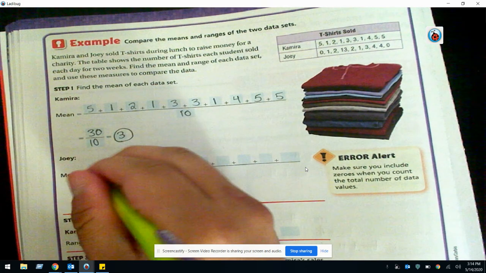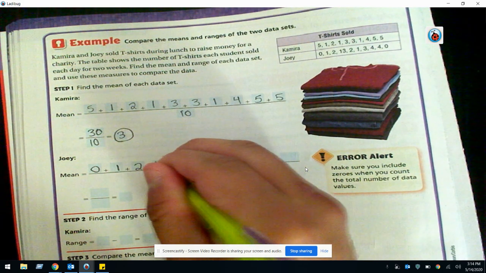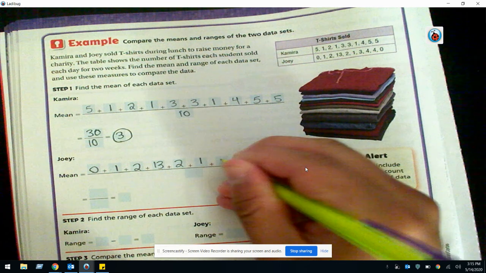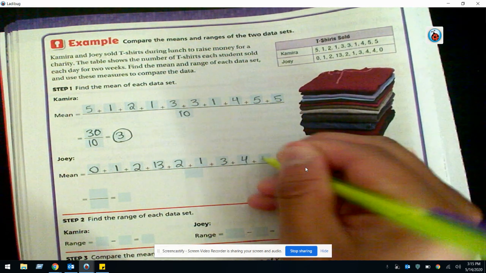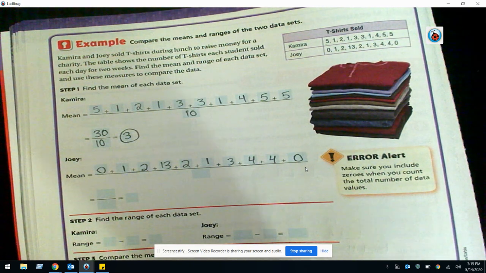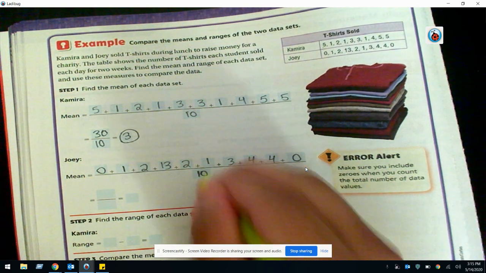I'm going to go across the top again. 0 plus 1 plus 2 plus 13 plus 2 plus 1 plus 3 plus 4 plus 4 plus 0. And then divide by the same amount, which is 10, because they both have 10 in their data sets.